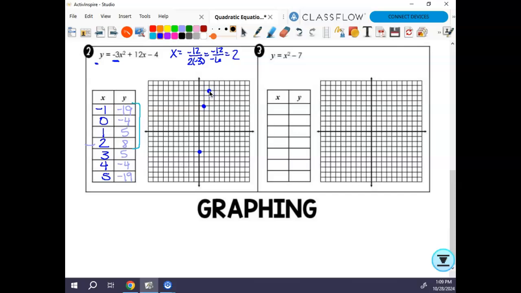Then since it's symmetric, I know that when I'm 1 away from there, I have to do that point, and then I can move 1 more over to get to my 4, and then I can just match it up with negative 4. It's a whole lot less counting on those little tiny grids. And we're just going to pretend like mine looks decent because it's so hard for me to match that up there.